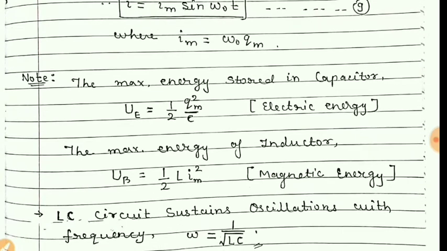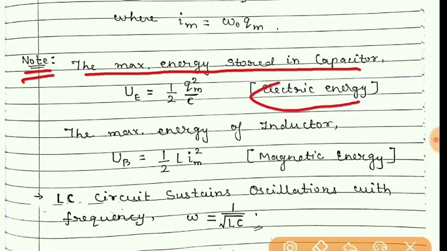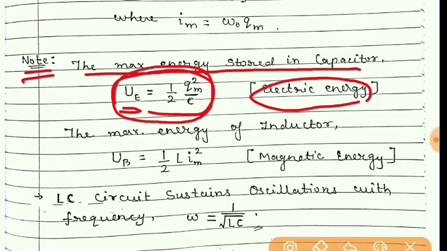Now students, about this note: the maximum energy stored in a capacitor, which is in the form of electric energy, that's why the symbol is ue, is half of qm square by C. This type of equation we have already studied in chapter number 2.